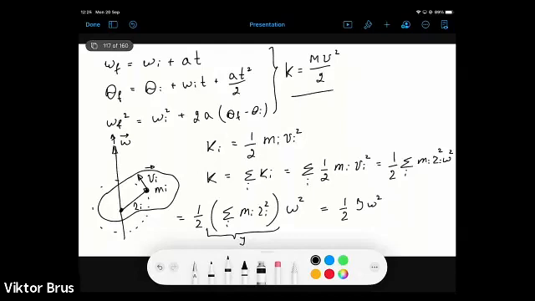So you see, now the equivalent of mass in rotational motion is the moment of inertia, I. For translational motion we have m times v squared divided by 2.